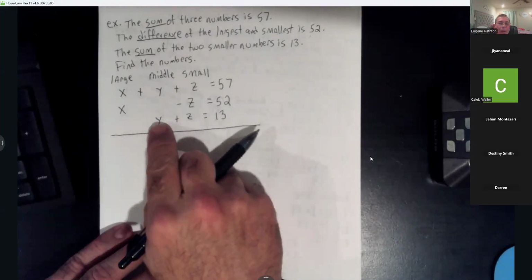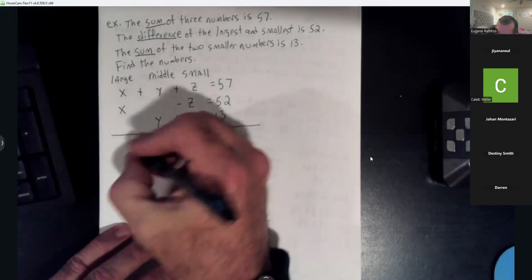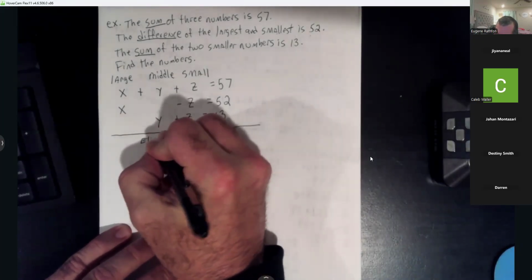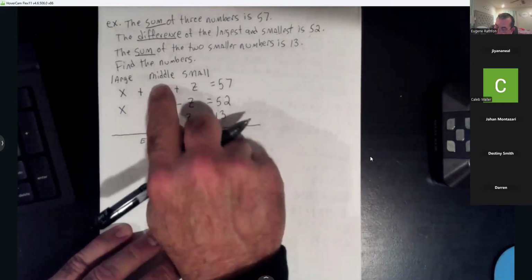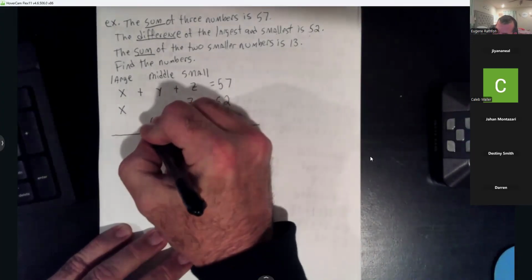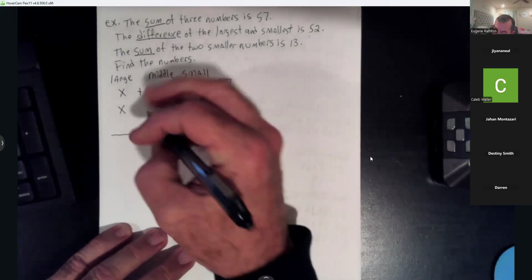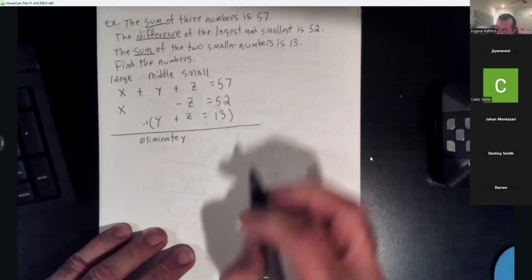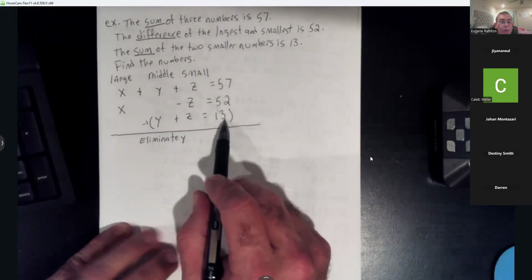I'm going to come in here and eliminate a Y. Now, if I eliminate a Y, I'm going to take this equation right here, because that's a Y and a Y, they're both positive. So I need one of them to be negative. So I'm going to change the last equation by multiplying by -1.